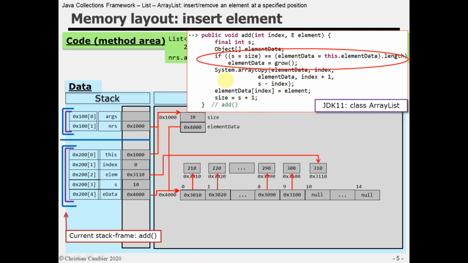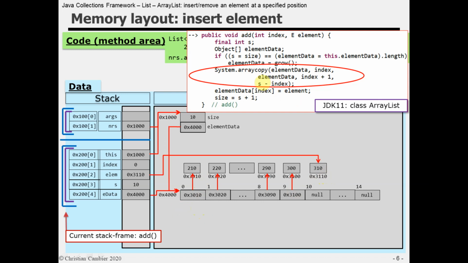Now comes the new stuff. System.arraycopy. We still haven't added our new element, and we want to add it all the way at the beginning at position 0. Well, this will happen in 2 steps. First, arraycopy is executed, and then the second statement will add the element. What does arraycopy do?